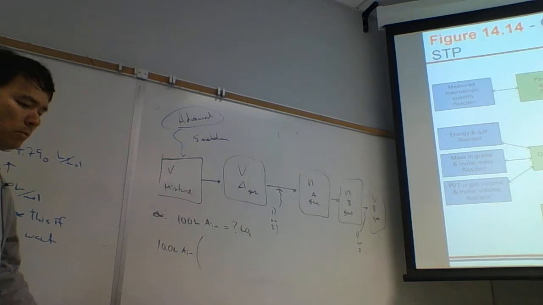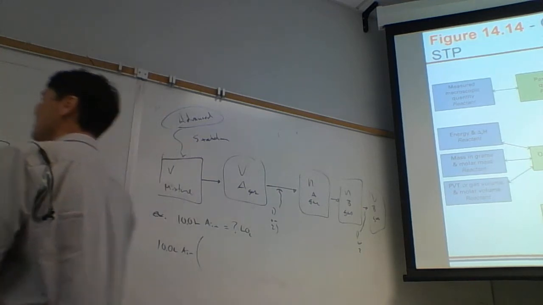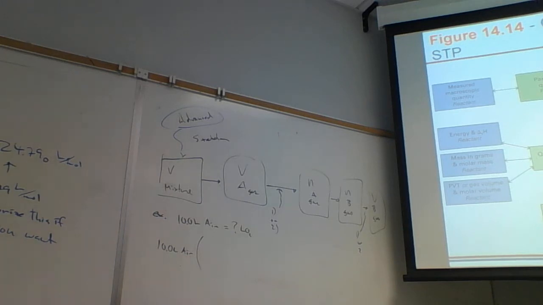Well, it turns out for gases the mole percentage is equal to the volume percentage, which is equal to the pressure percentage, which is not equal to the mass percentage.